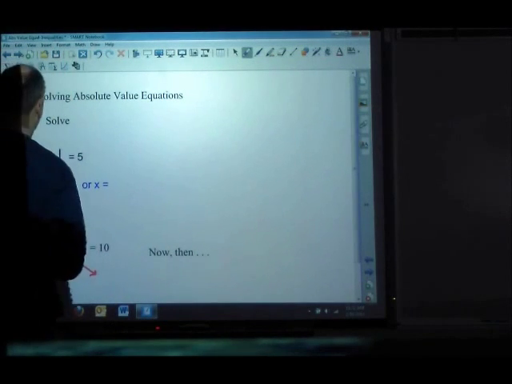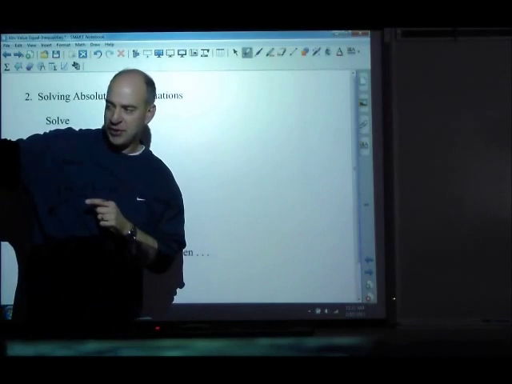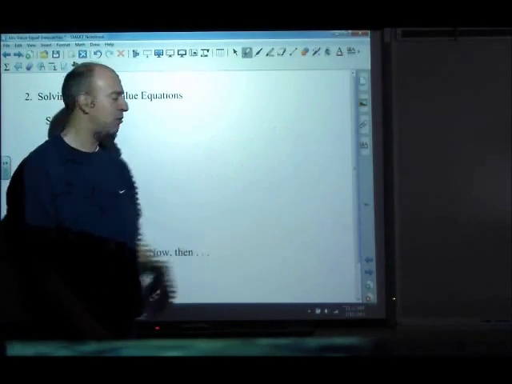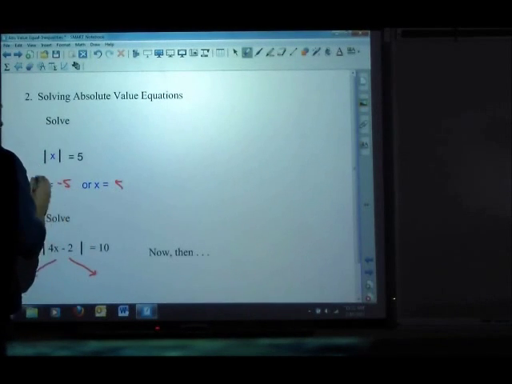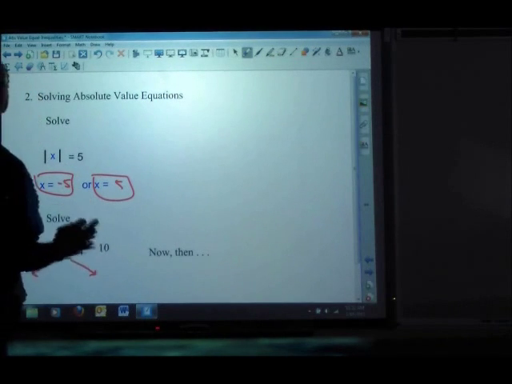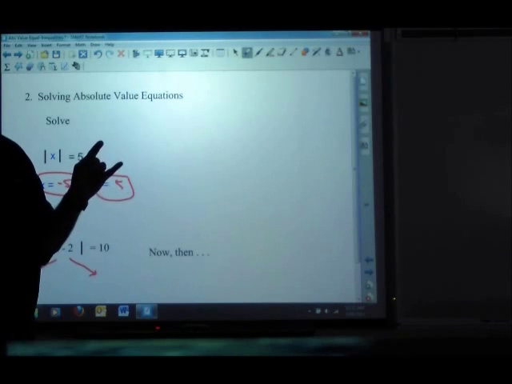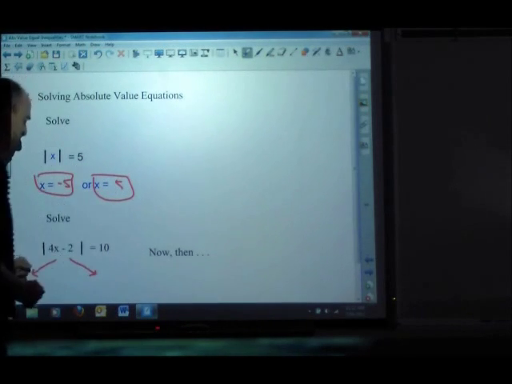Again, there are two sides: that side away from 0, which would make it -5, and that side, which would make it +5. So right off the bat, absolute value problems are called compound. Compound means there's typically more than one answer, and there will be here because there are two sides to 0.